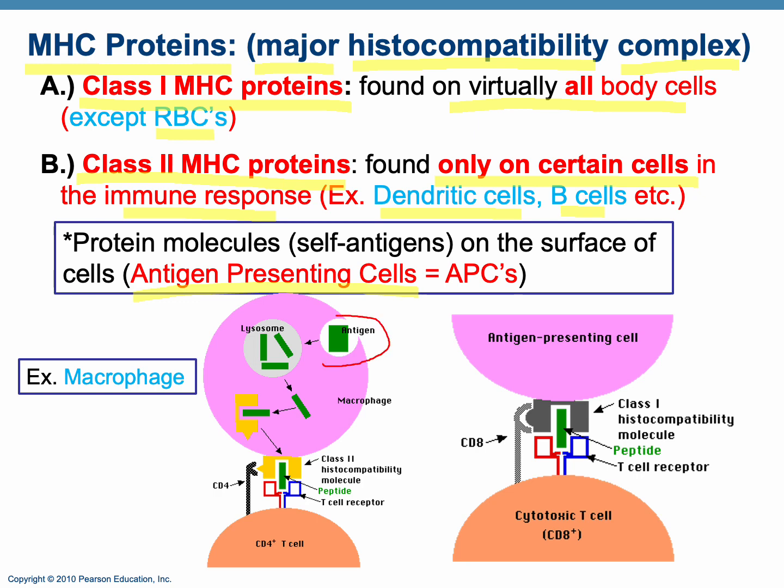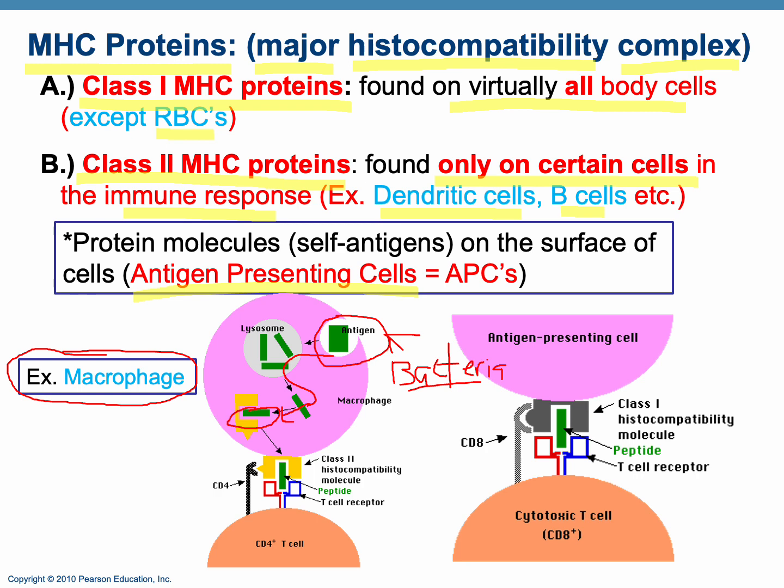Here we have an antigen right here. So here we have a foreign item. Maybe we're looking at bacteria as an example. And that's the antigen, right? And then what happens is the purple here represents your macrophage. So phagocytosis will occur, and the bacteria is broken down into a small peptide fragment.